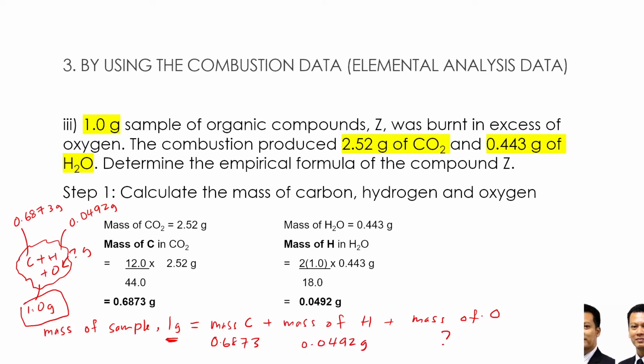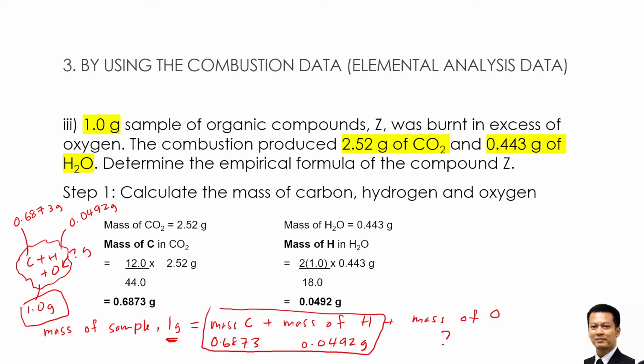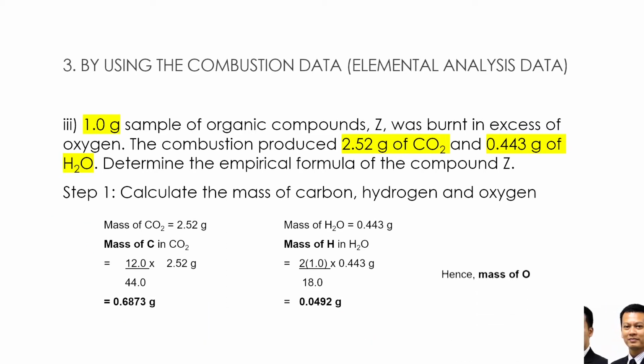We can, right? We add this number, and then 1 gram minus this number. The total minus mass of carbon plus mass of hydrogen, you should get mass of oxygen. Okay, let's see a proper calculation.